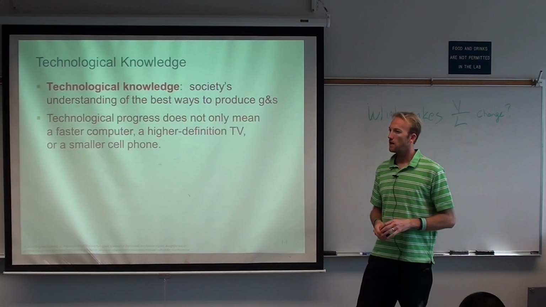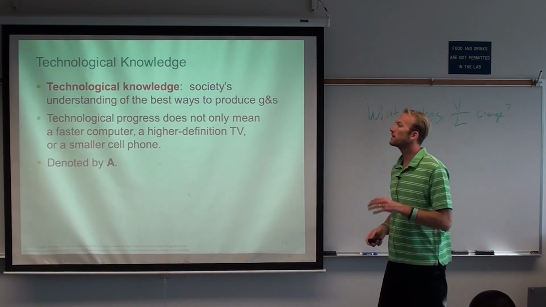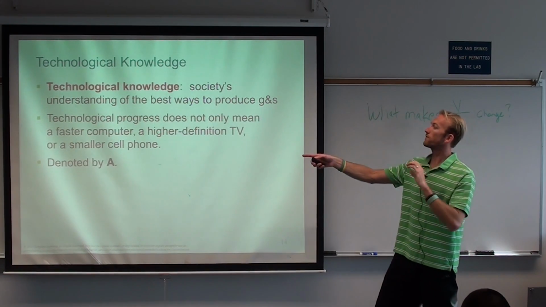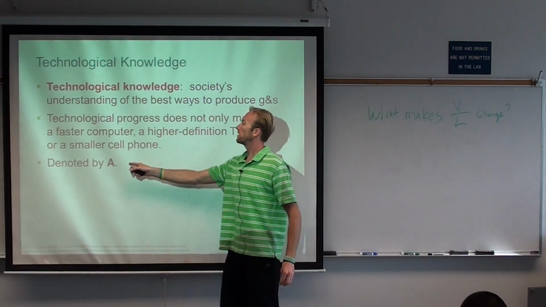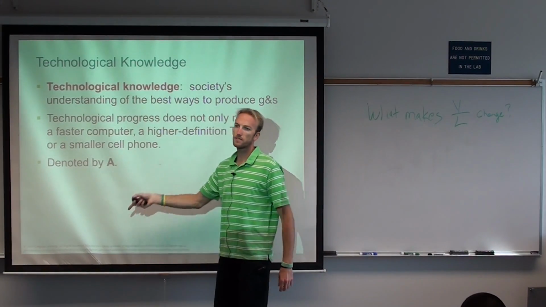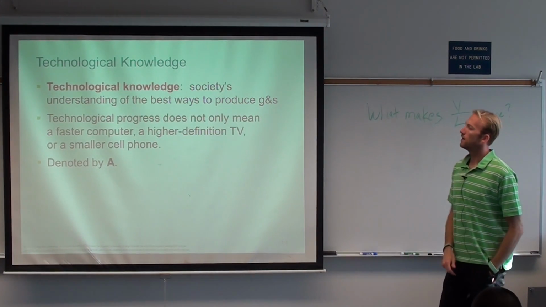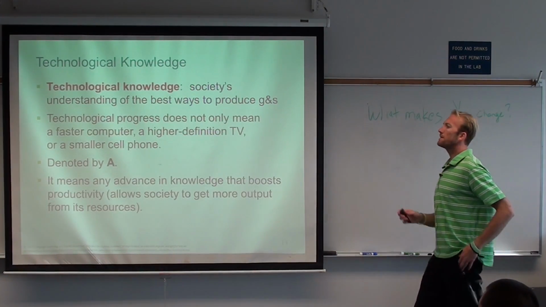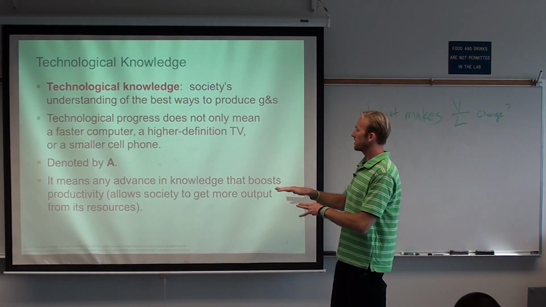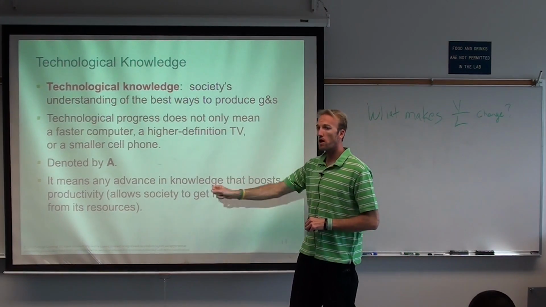We denote it with A, by the way. A is technological progress. T was already taken for time and a couple of other things. But it means any advance in knowledge that boosts productivity.